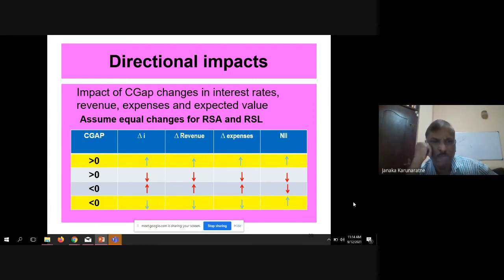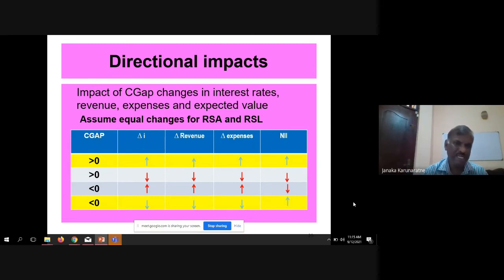Then if you have a negative cumulative gap and increasing interest rate, then revenue goes up, expenditure goes up, but you have a negative net interest income impact. Then if you have a negative cumulative gap but interest rate declines, that is delta is less than 0, then revenue comes down, expenditure comes down, but you have a positive net interest income impact, right?